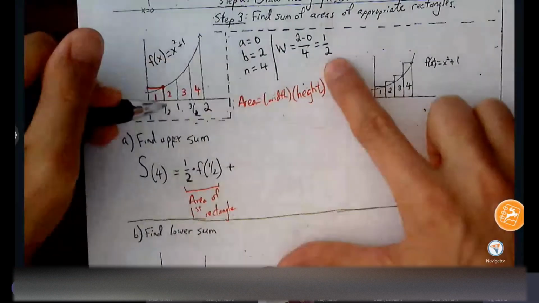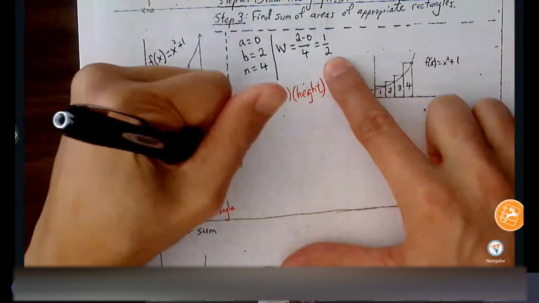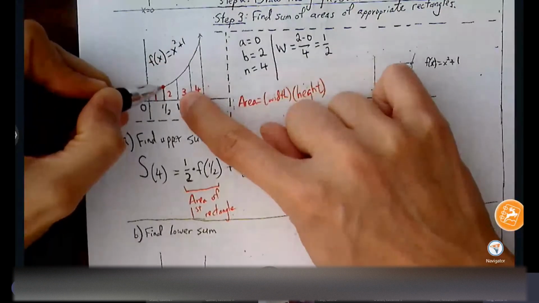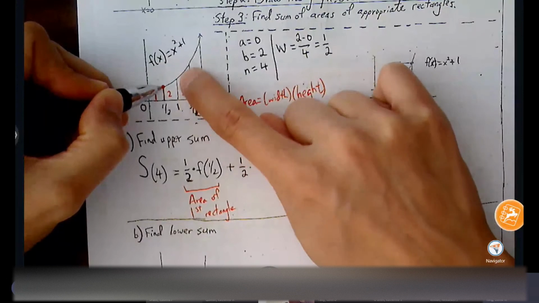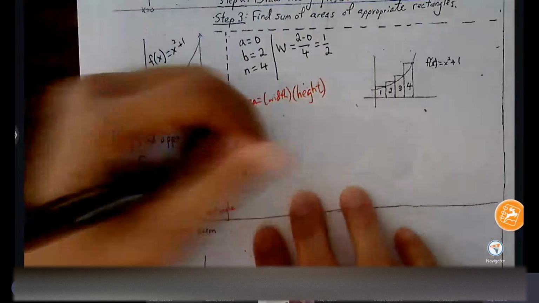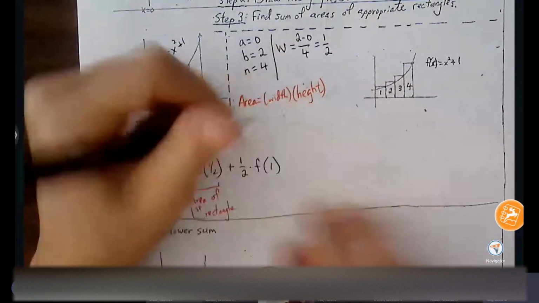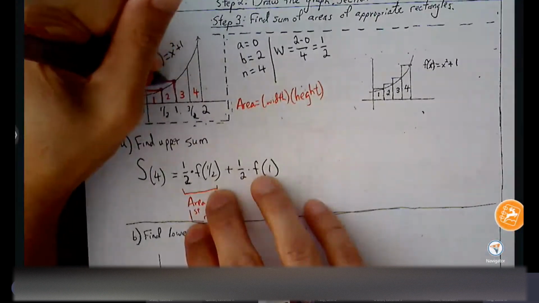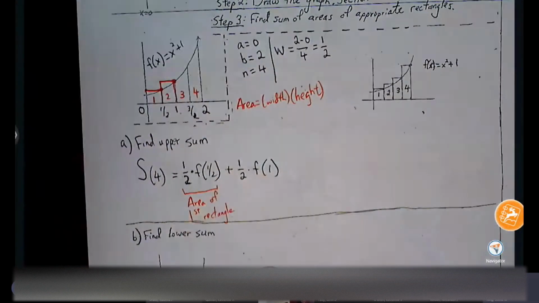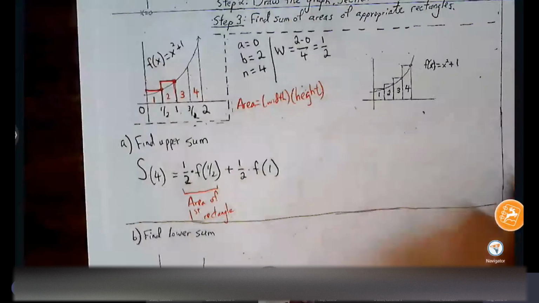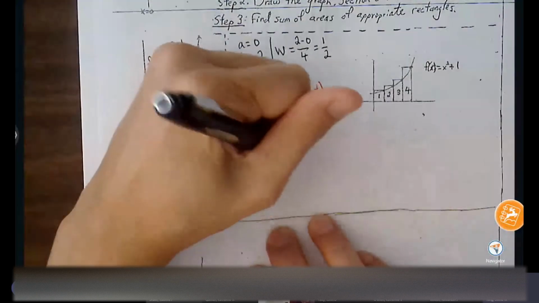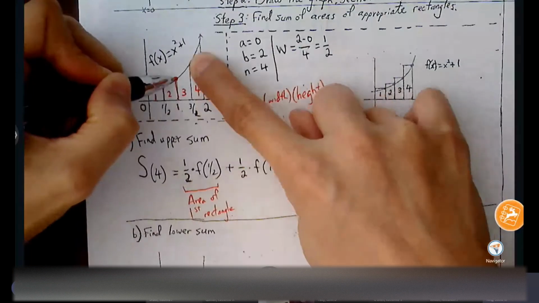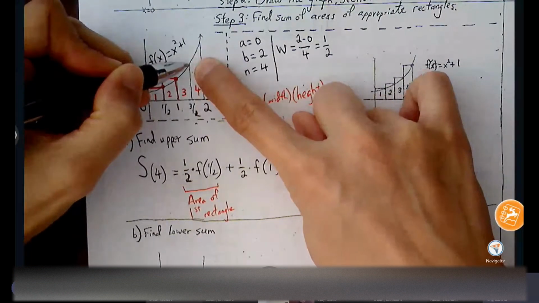Okay, and we're just going to go down the line with each of the other rectangles. The second rectangle, also a width of 1/2. We have to choose between f of 1/2 and f of 1. Which one is higher? f of 1 is higher. So we'll let f of 1 be the height of the second rectangle. Okay, keep going. Width times height. Between f of 1 and f of 3/2, for the third subinterval, I'm going to choose f of 3/2.